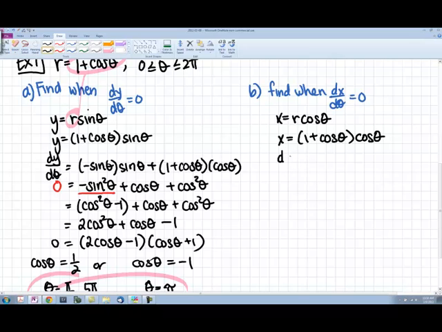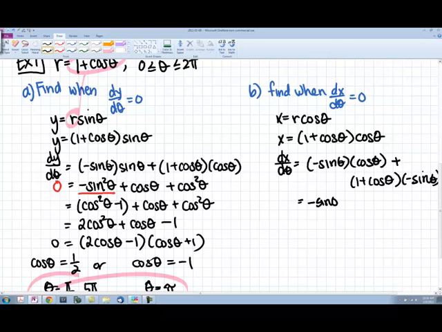And when we take the derivative with respect to theta, I get a negative sine theta cosine theta plus 1 plus cosine theta times a negative sine theta. So let's multiply those together and clean them up. I'll have a negative sine theta cosine theta minus sine theta minus another sine theta cosine theta. So I have two of those.